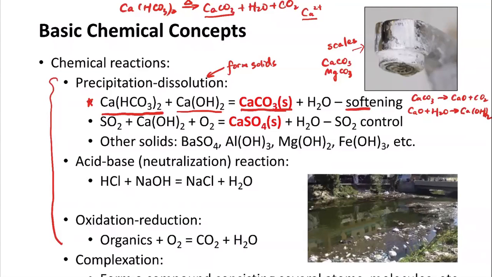Clearly this has to be a well-engineered system. So for example, if we cannot control the molar ratio or the amount of these chemicals really well, let's say we know the concentration of the calcium bicarbonate in our water, and then we happen to dump in, let's say, 4 times the calcium hydroxide that's required by this reaction, then the result is that we're actually creating more problems with the calcium ions, right?